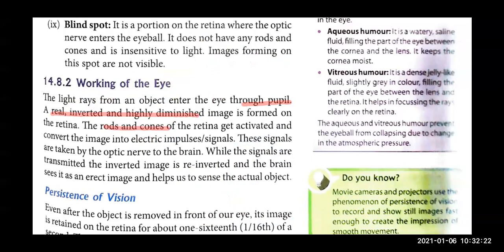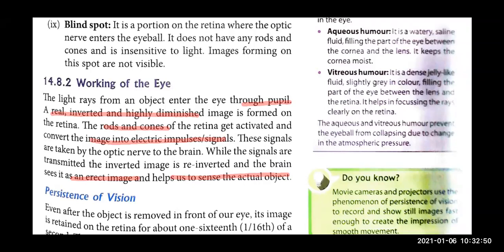They will convert the image into electrical signals, and these signals are taken to the brain, and then the brain is going to re-invert it, means it will become straight, and an erect image is formed, and then it helps us to see the actual object. So children, this is the working of the eye.